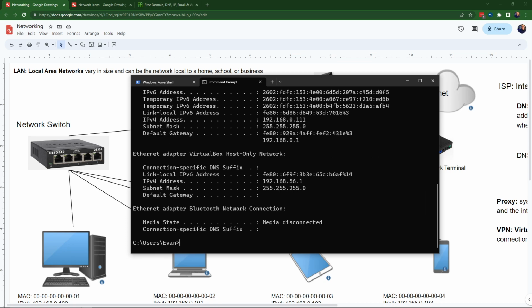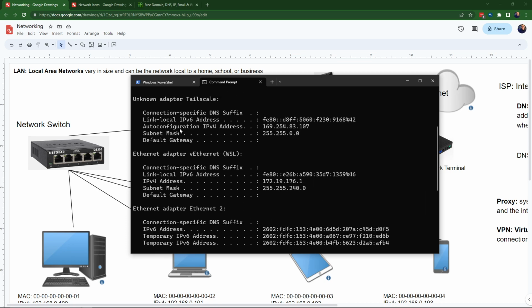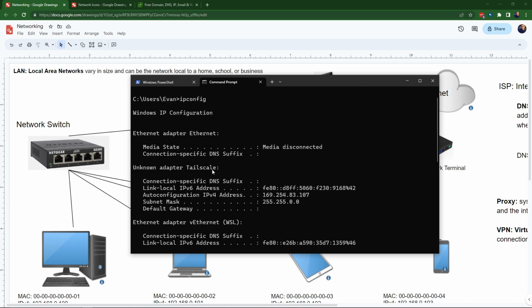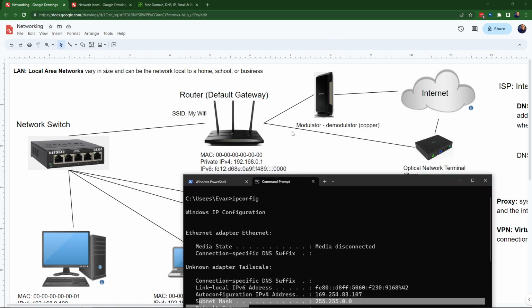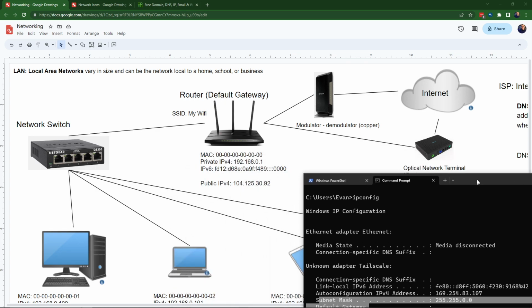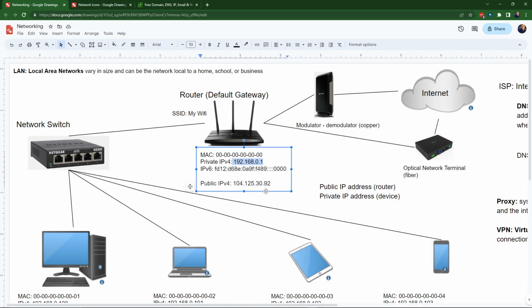So if I run ipconfig here, there's a lot of information, it'd be kind of hard to read, but what you can recognize is some stuff like this. There's an IP version 6 address, there's some IP addresses, and then something called the default gateway, which if you remember, I wrote that down right here. The default gateway is your router's private IP address.